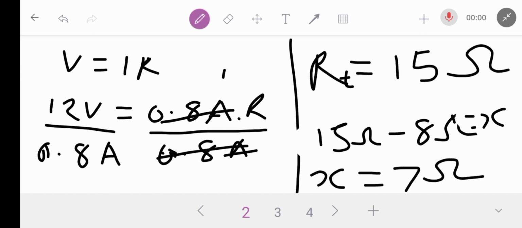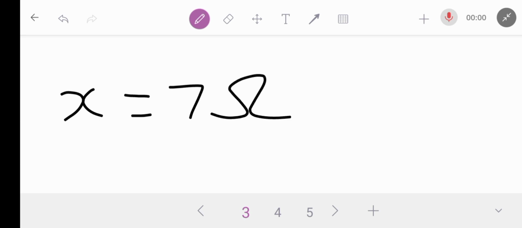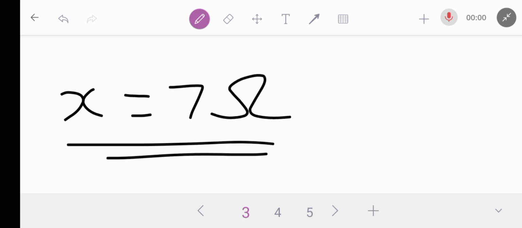All right, so that's it. X will be equal to 7 ohms. That's our final answer there.